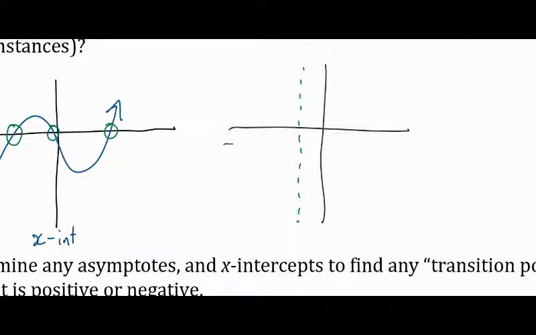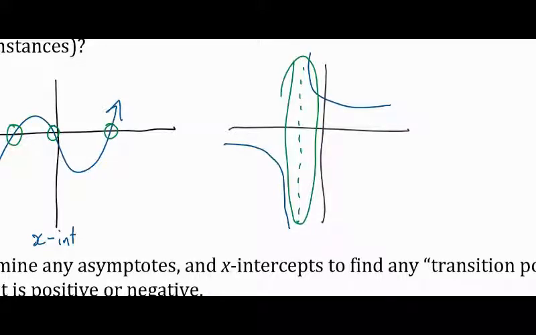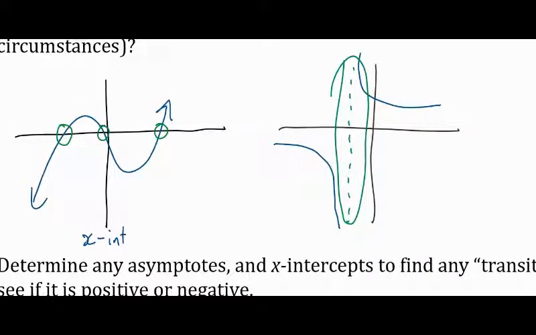It could be negative before and positive after. So it changed there. Before, to the left of the vertical asymptote, it was negative. To the right, it's positive. Take a look at this one. To the left, it's negative. To the right, it's positive. Isaac.